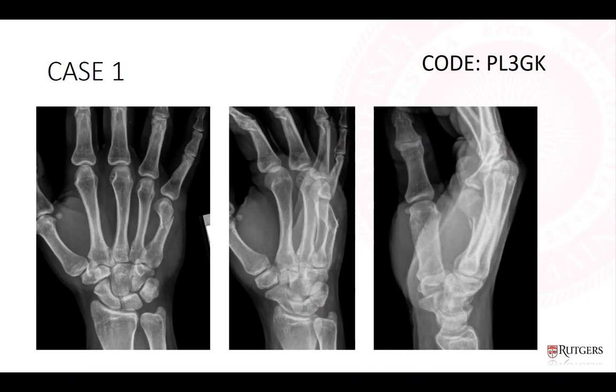All right, so we'll start with the first case. Can one of the residents give a shot at reading this X-ray, please? This looks like a right hand X-ray, AP, oblique, and lateral.